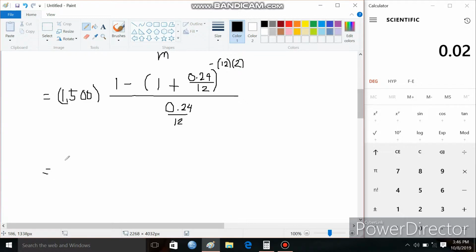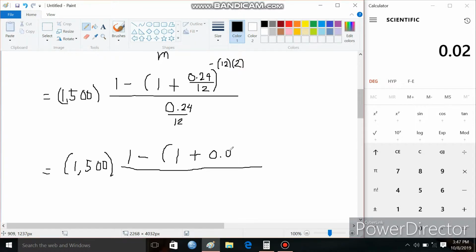We will just copy the rest of the values: 1500 times 1 minus the quantity 1 plus the quotient, 0.02.